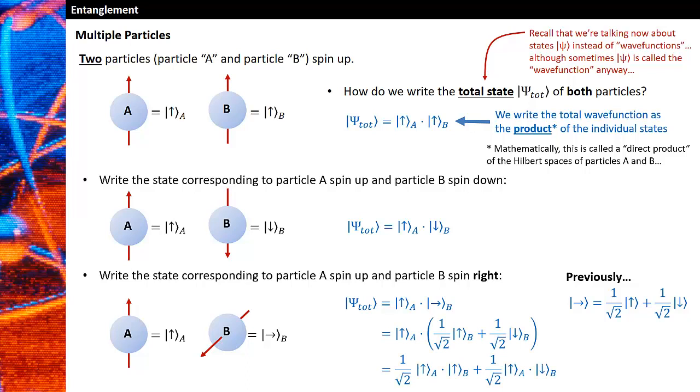If we multiply that out, we find that the total wave function is the sum of two terms when I write it in the spin up and down kets. It's the sum of a term with both spin up and a term with one spin up and one spin down. Okay, so that's how we can describe multiple particles that have spin.